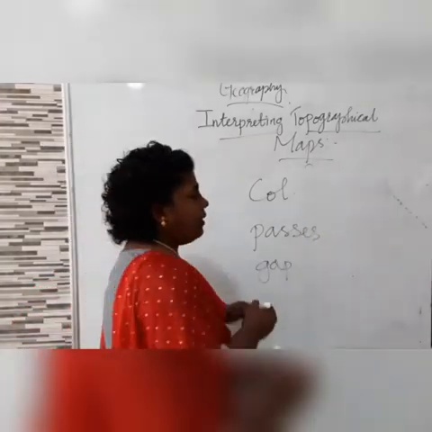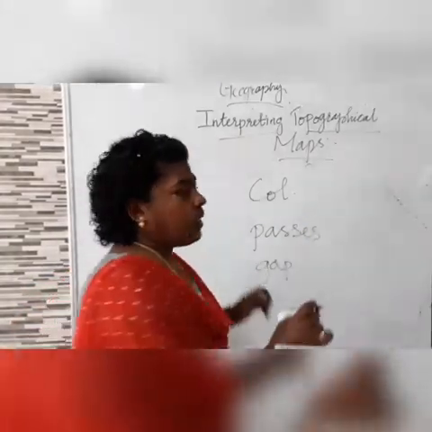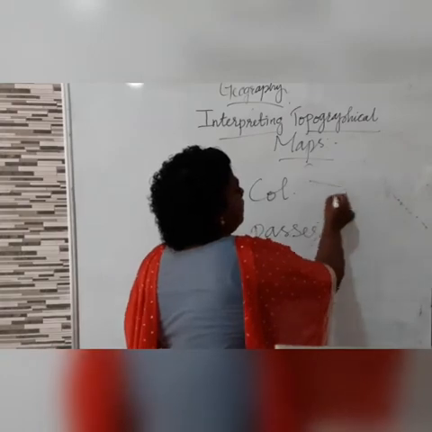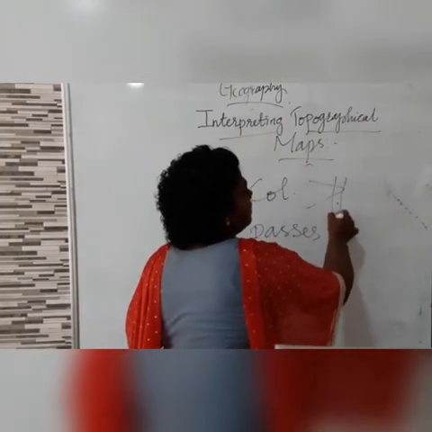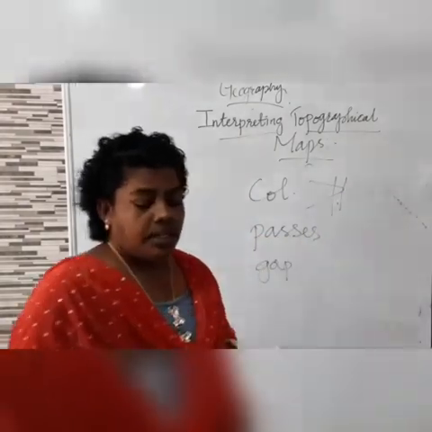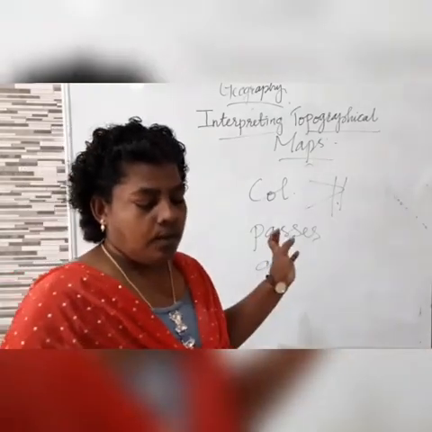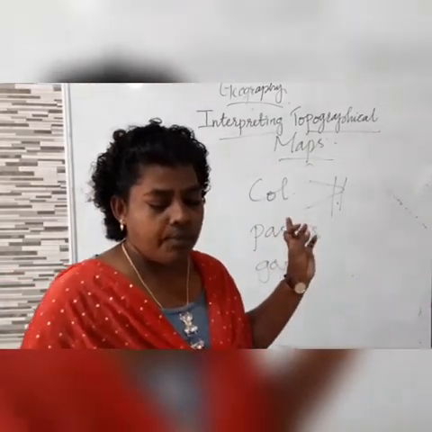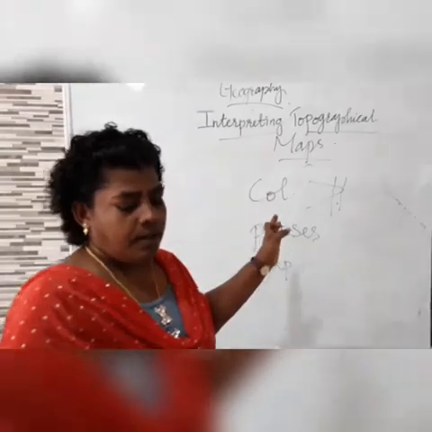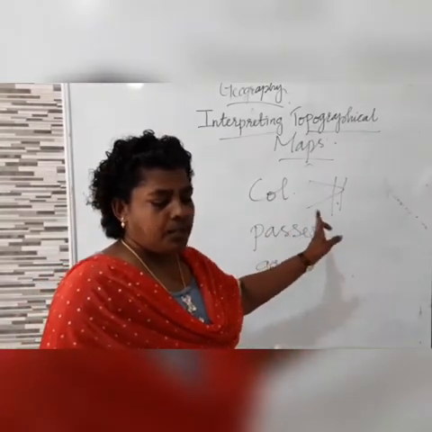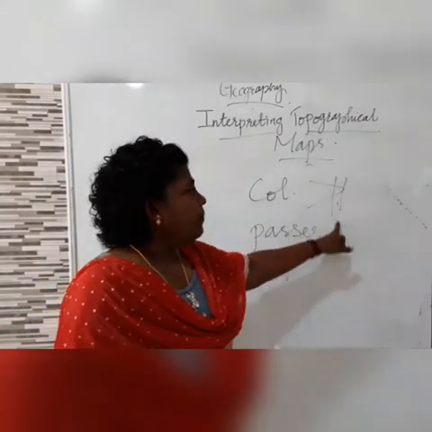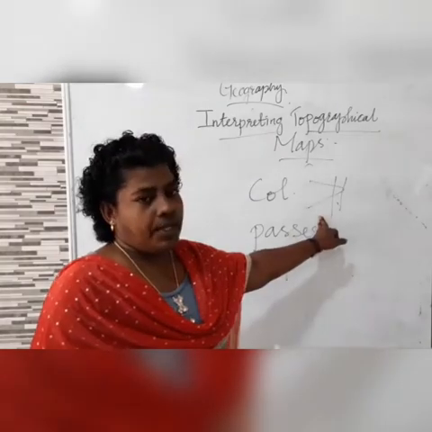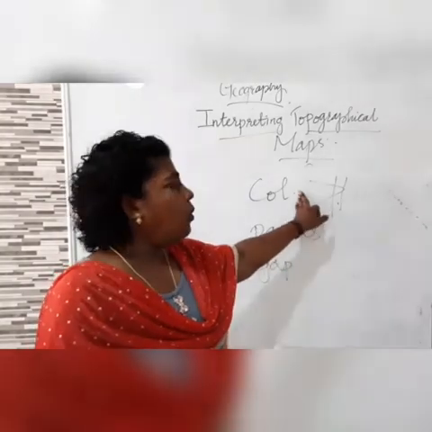When the two streams cut, what will happen? Here a col is formed. That is the formation of a col.